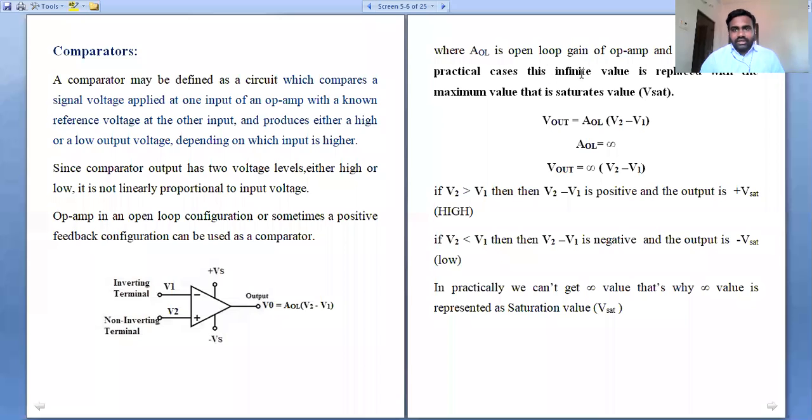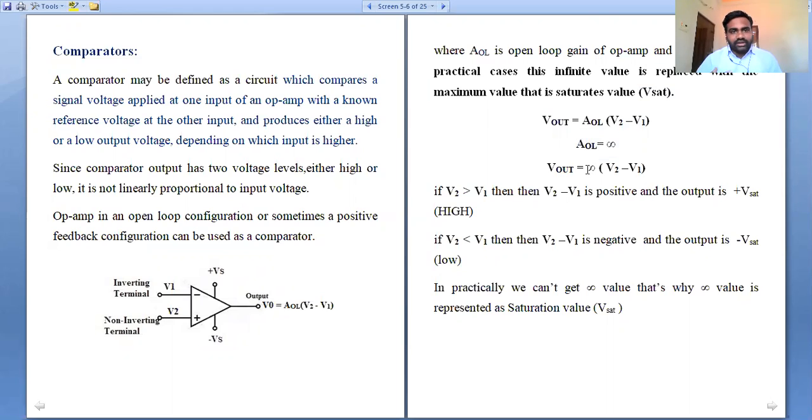In a practical manner we can't define that as an infinite condition, that's why we represent that infinite condition as plus Vsat, the saturation voltage value. So the output voltage Vout is equal to AOL times (V2 minus V1), where the open loop gain is infinite. We substitute the open loop gain as infinite.